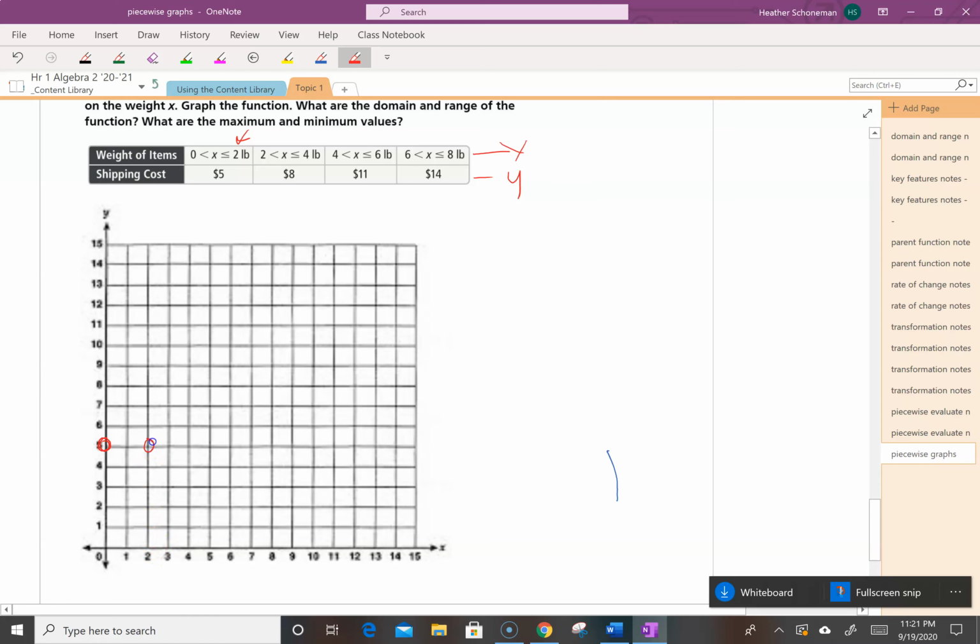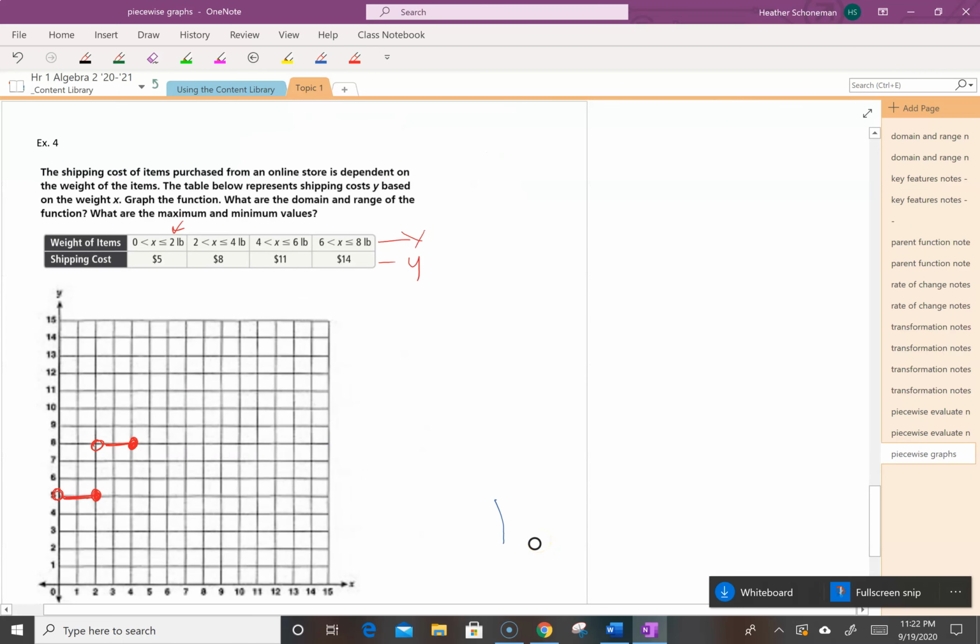And at 2 pounds, it costs $5. And everything in between, it costs $5. Okay, but then once it jumps up past 2 pounds, from 2 to 4, it's 8. So exactly 2 is 5, but anything more than that, up to 4, is 8.